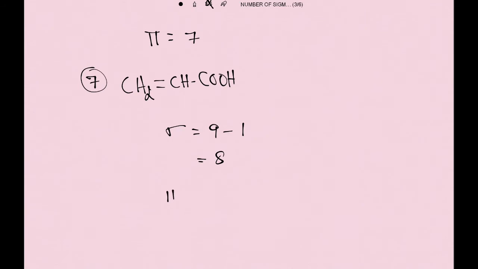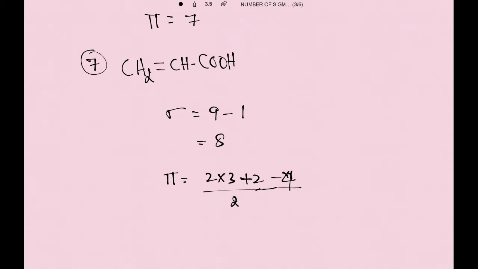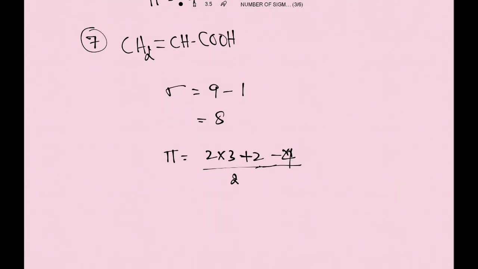And number of pi bonds, how much? Total number of carbon atoms are 3. 2 into 3 plus 2, divided by 2, minus the number of hydrogen atoms. Total number of hydrogen atoms here is 4. And pi bonds is equal to 2, we can get.